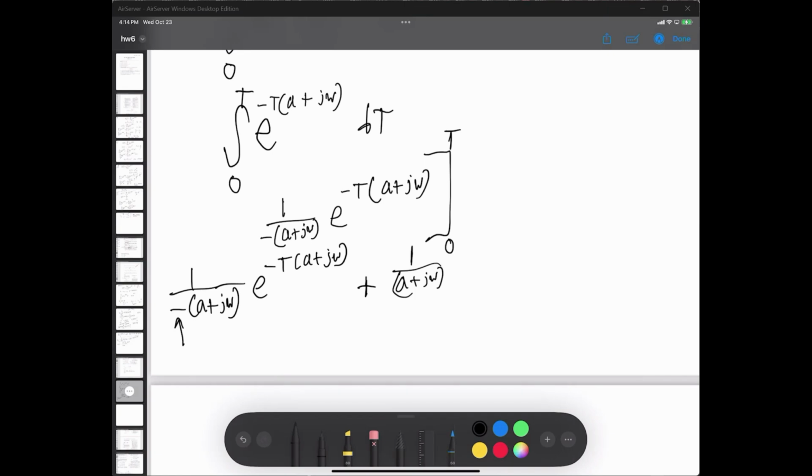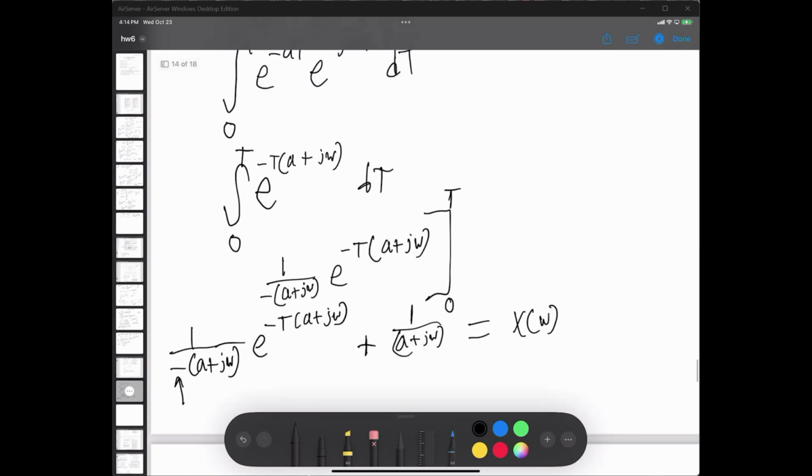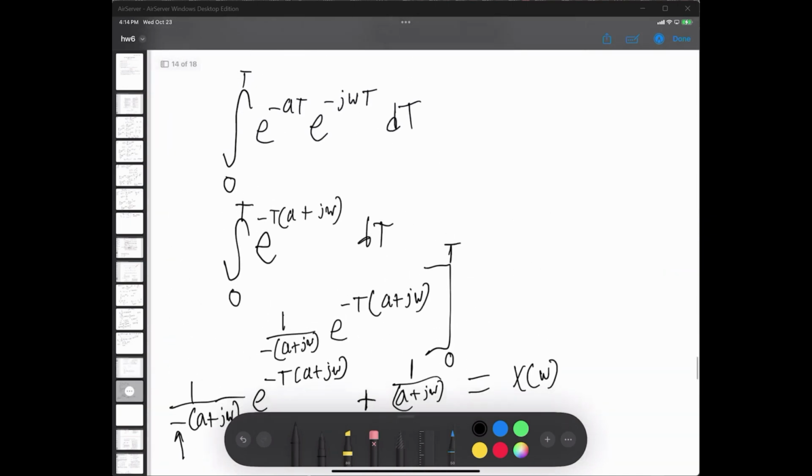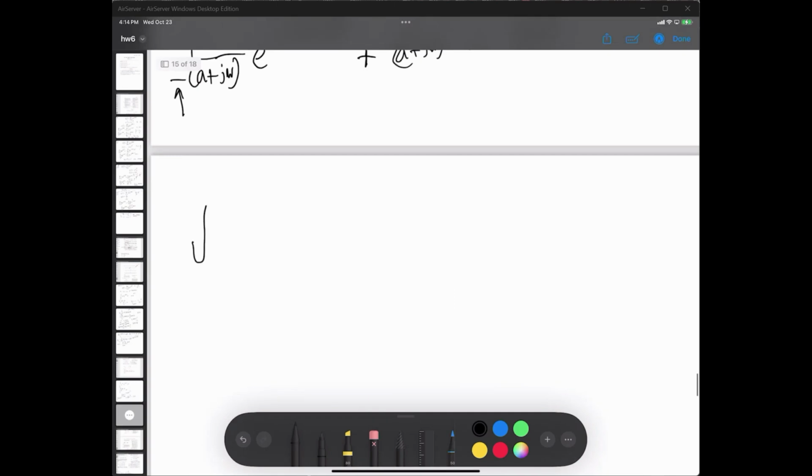To represent the Fourier transform, we'll say X of omega, right? Frequency. They're in the frequency domain. Now let's do the same thing for the other function, e to the at, which is going to be just as easy as this one. We're going to integrate it from 0 to t where it exists, and the function is e to the positive at times e to the negative j omega t times dt.